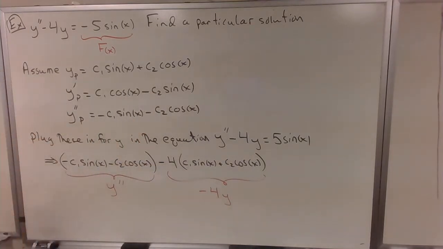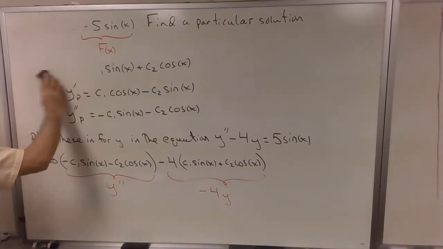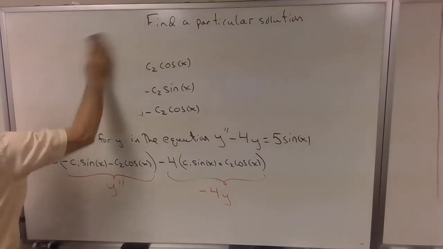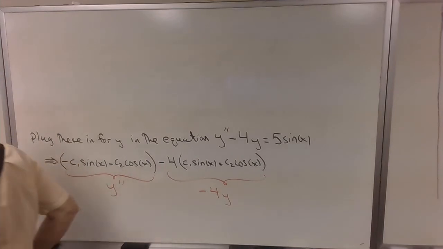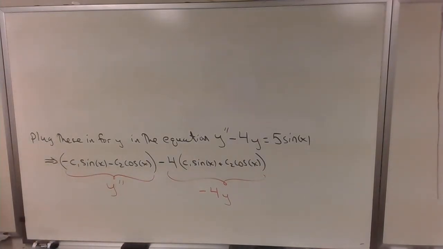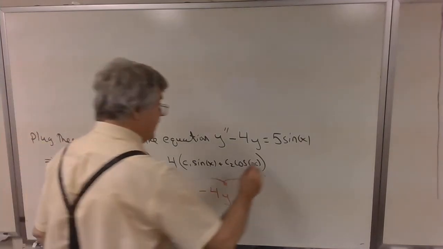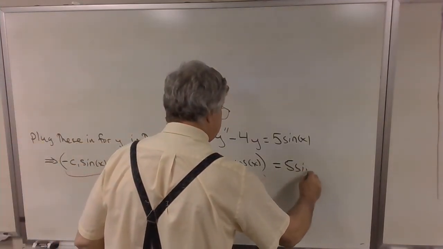So there we have it. y double prime minus 4y. Now, let's see. What do we get? We're supposed to get 5 sine of x.